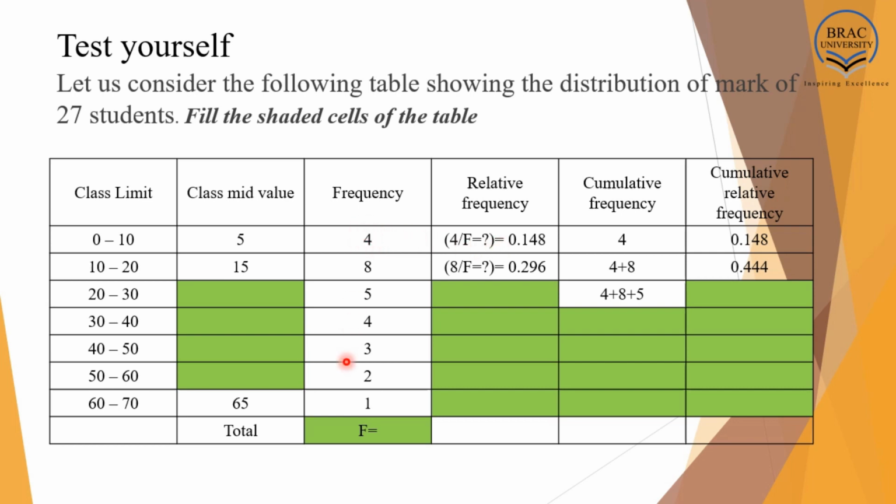Cumulative frequency corresponding to any class is the total of all frequencies up to and including this class, such as the cumulative frequency of this class will be 4 plus 8, 12. Also, cumulative relative frequencies can be obtained by summing up the accumulation of relative frequency.